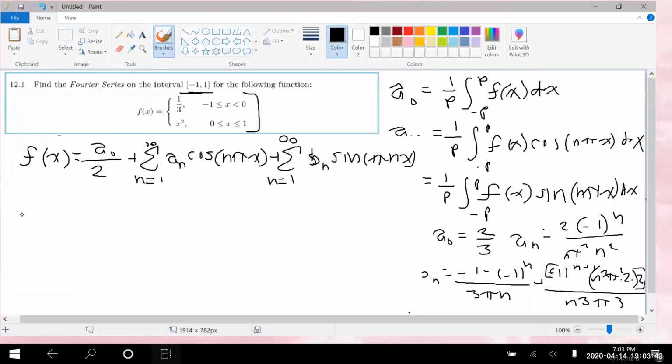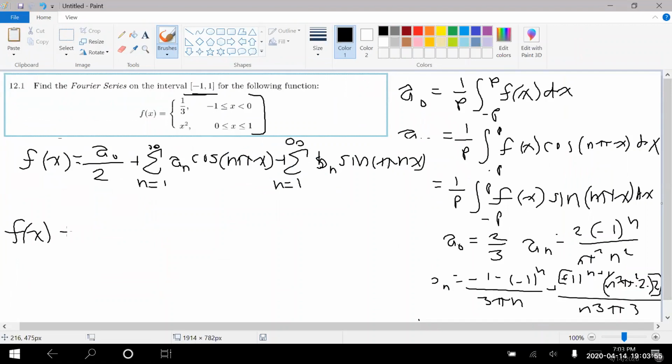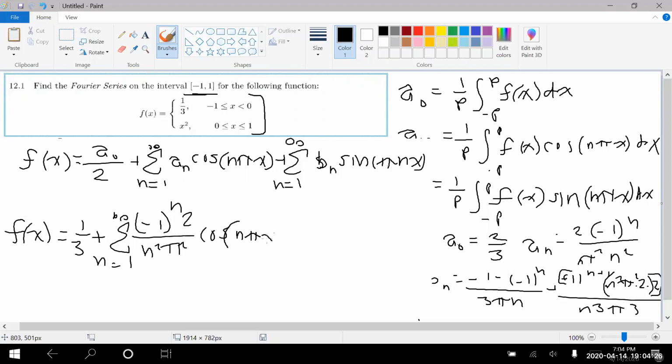We get our f of x here, and then we found that a sub naught is 2/3, so 2/3 over 2 is just going to give you 1/3, and then plus this summation here, the summation n equals 1 of negative 1 to the n times 2 over n squared pi squared cosine n pi x, and then plus the summation n equals 1 to infinity of our b sub n.